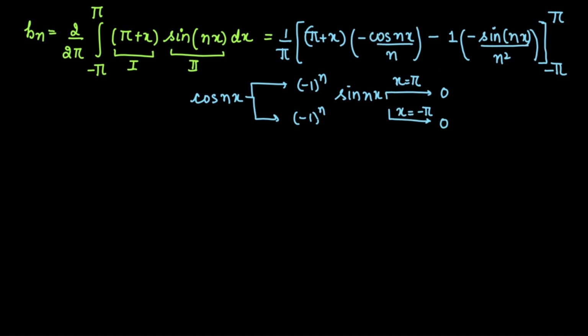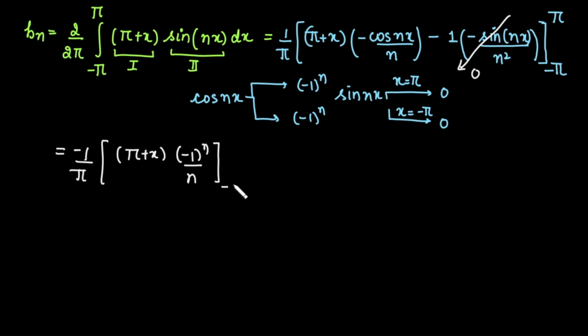And in the next step, we can write this quantity as a 0 because it is getting 0 for both the limits. So finally we have 1 upon pi plus x. In place of cos nx, we can write minus 1 raised to power n divided by n, and this negative sign we have taken outside. Limits are minus pi to pi.